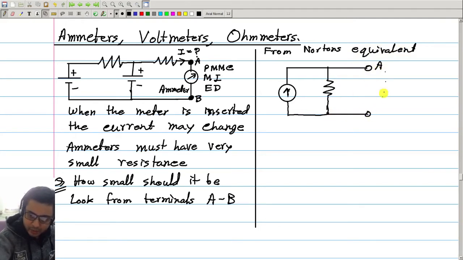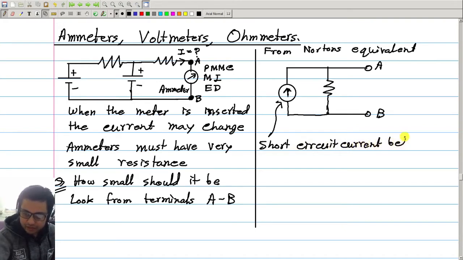These two terminals are AB, and the value of this current source should be equal to the short circuit current that will flow from A to B, the short circuit current between AB, and this resistance, let me call them IN and RN.